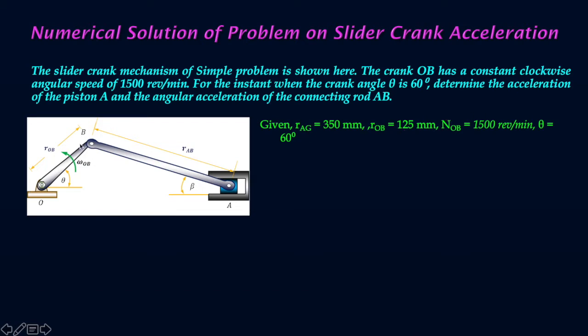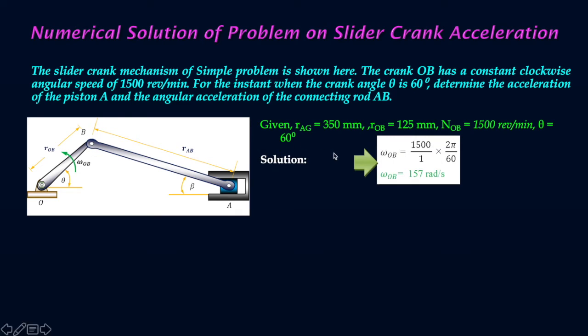ROB is 125, that is given, and for this link the angular speed is 1500 revolutions per minute, that is also given, and we have to find the acceleration for a particular theta value of 60 degrees.